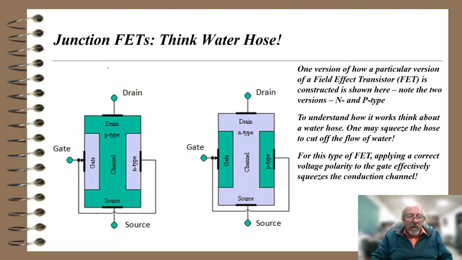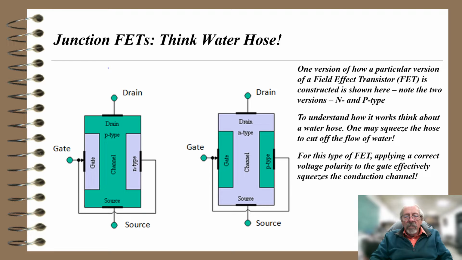The one on the far left is a P-type channel, which means there's a lack of electrons, but if I put a battery between the drain and the source, I'd get some flow of current through that channel. The one on the right is an N-type channel, and again, it's got a drain and a source. I do the same thing, put a battery across the drain and source, and I get some flow of electrons through the N-type channel. Now the gates: in the green one, I have the gray or N-type material, the opposite material.